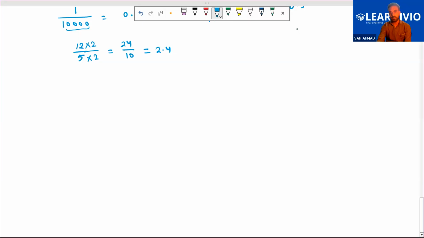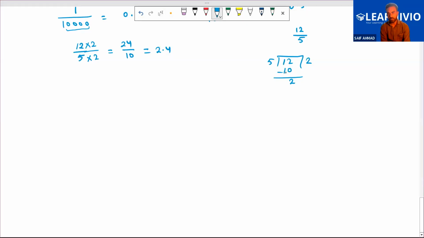And the second way is you can divide 12 by 5 directly. We have to use the table of 5 into 12. 5 twos are 10. Now 2 remains.